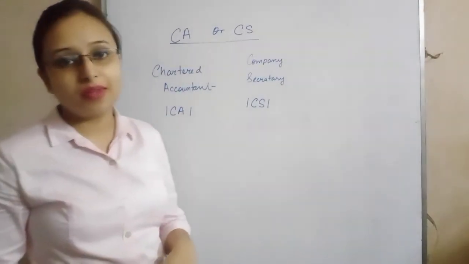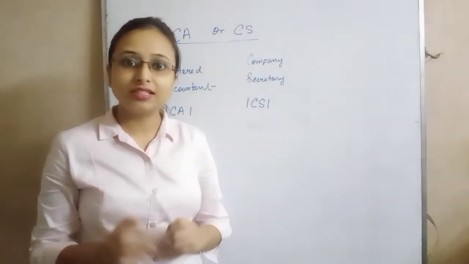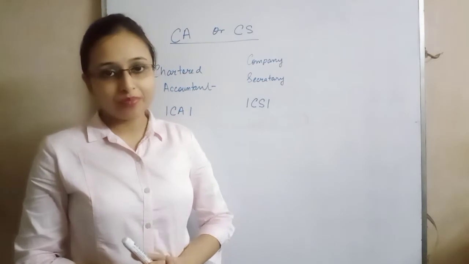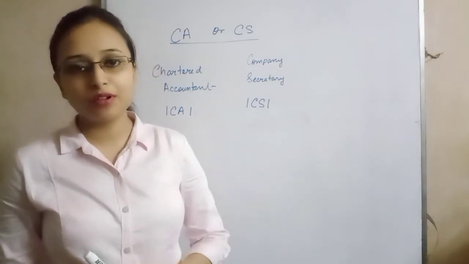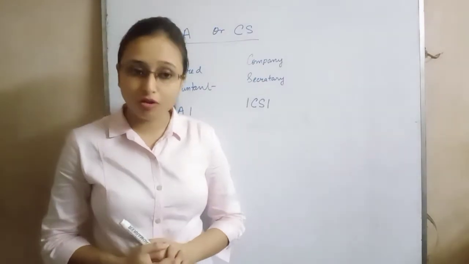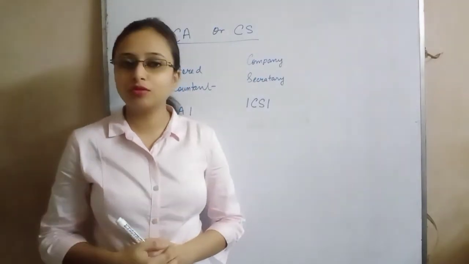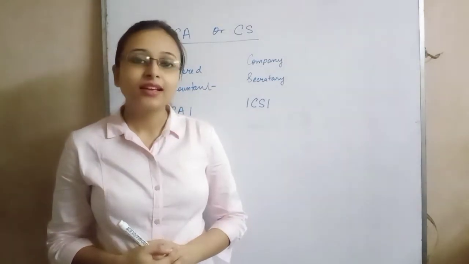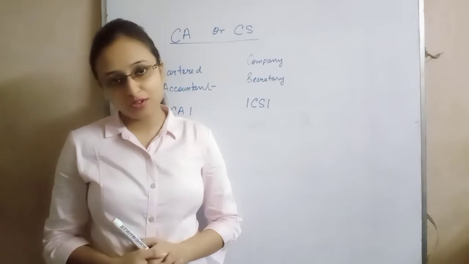Now, these are basically the same type of courses, but they are different in their own way. If you want, you can start the basic preparation before the plus 2 levels also. And if you want, you can start after the plus 2 level also, no problem. You can even start after your graduation or once you are doing the graduation.